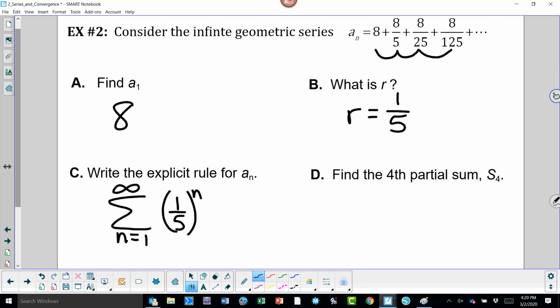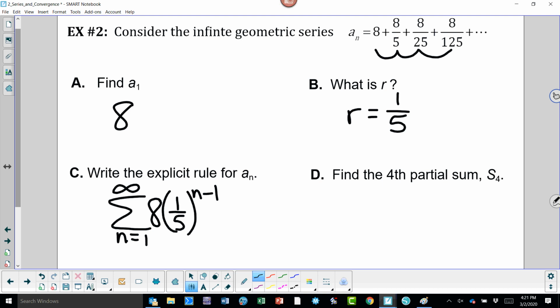Well, if I say that the power is n, then that's not going to work, because then I'll have 1/5 to the first, but we know the first term is 8. So we're going to do n minus 1, so that when we plug in 1, we'll get a power of 1 minus 1, which is 0. So that's going to be a 1. And then, of course, we have to have the 8. That's the first term. So there is your explicit rule for a sub n. You'll get better and better at these as we go.